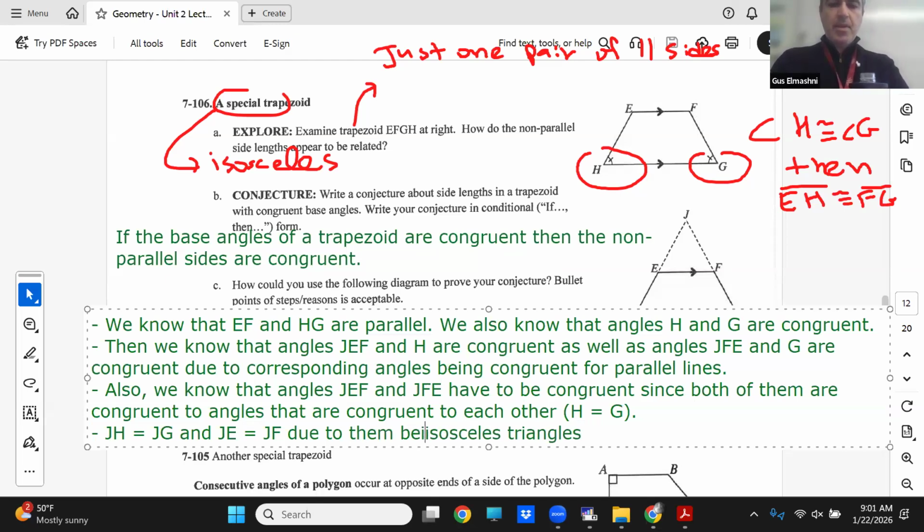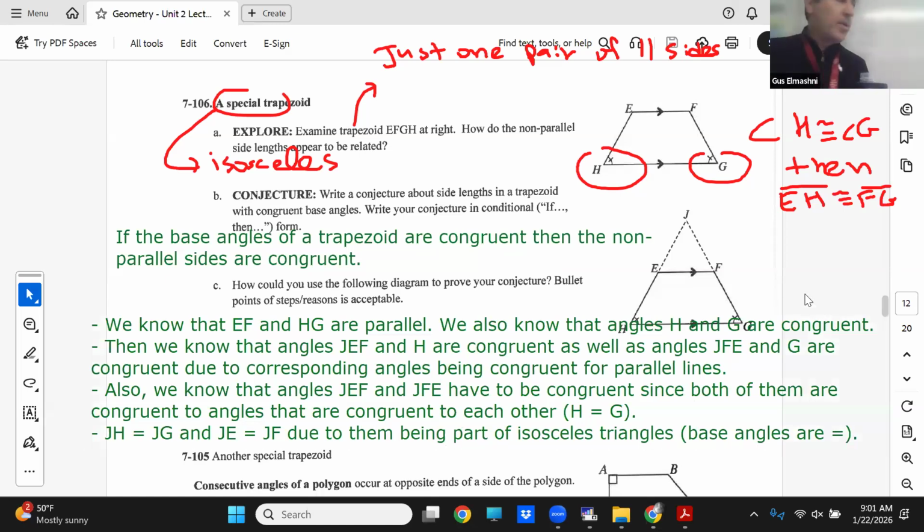Due to them being part of isosceles triangles, that's because the base angles are equal. Whenever the base angles are equal, we talked about this in the past. The reason is previous knowledge, right? These are the same, the sides opposite are the same. Likewise with these.